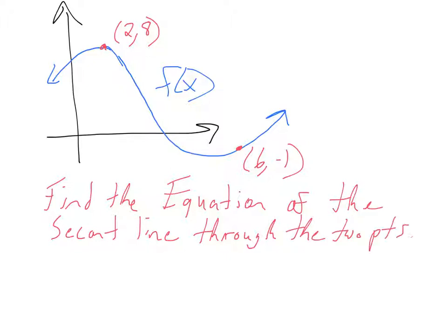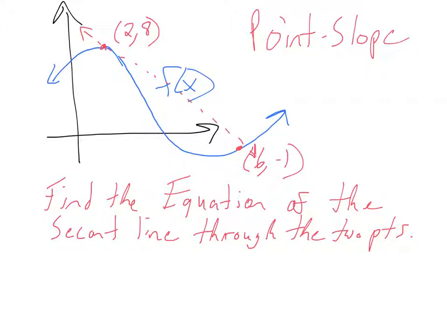Okay? So, my hint to you is you're going to want to use what form of the equation of a line? Point slope. Yeah, you're going to want to use point slope to accomplish this.